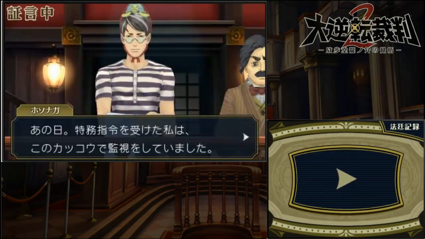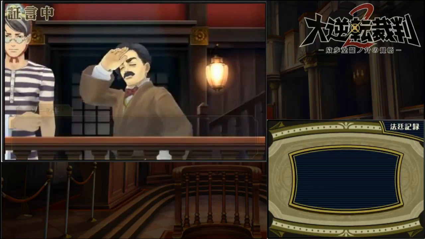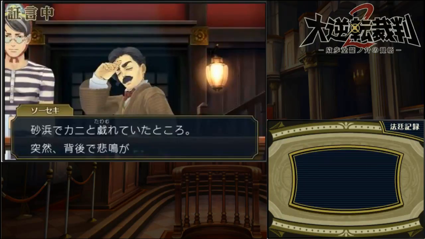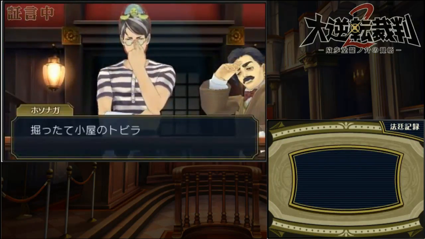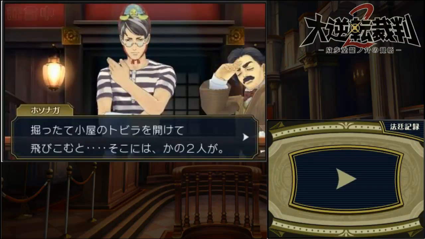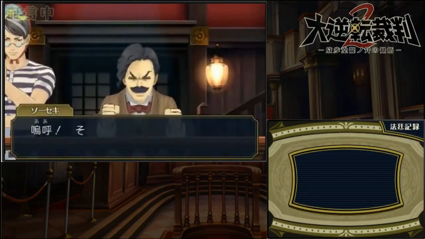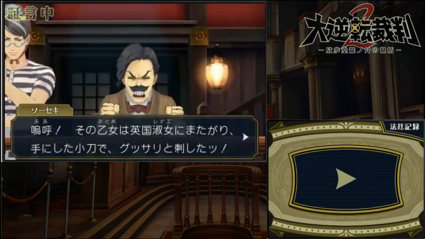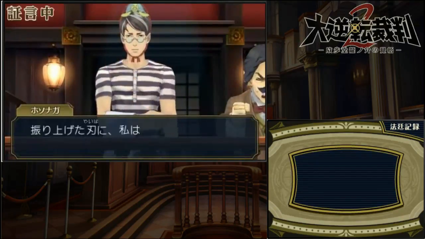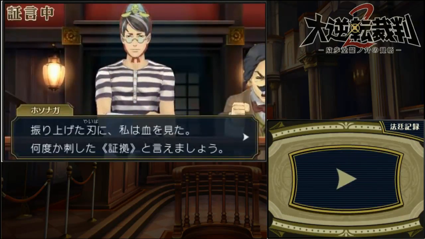On that day, I received orders to supervise the beach trip. I did so in this attire. Just as I was amusing myself with the crabs on the beach, I heard a scream from behind. I opened the curtain door of the beach hut and charged in to see the two ladies. That maiden straddled the Englishwoman with a small knife, which had struck clean into her. I saw blood on the small blade as it was raised. I'd say it was proof she had been stabbed multiple times.